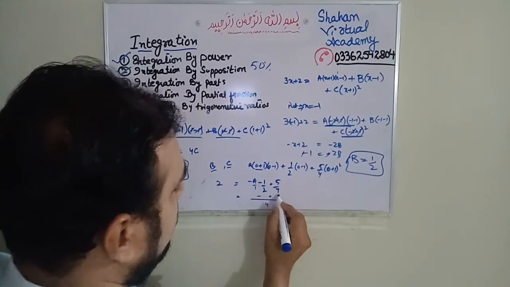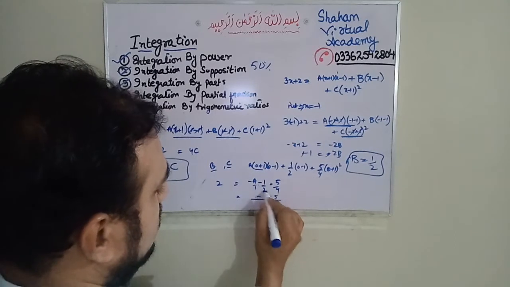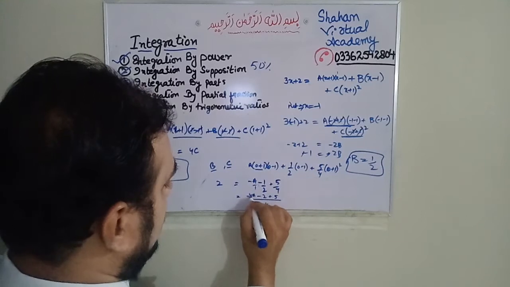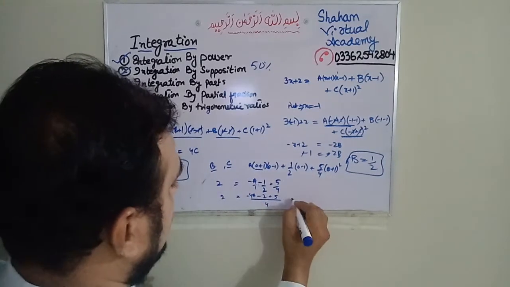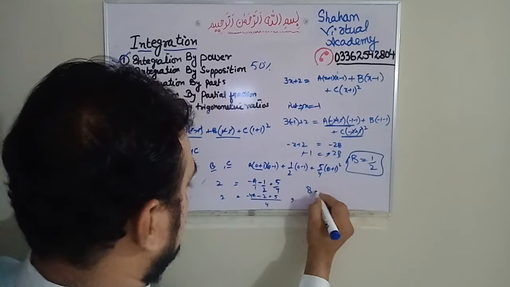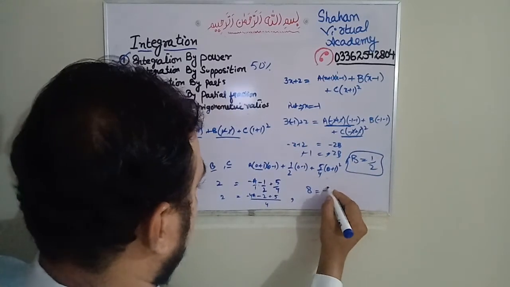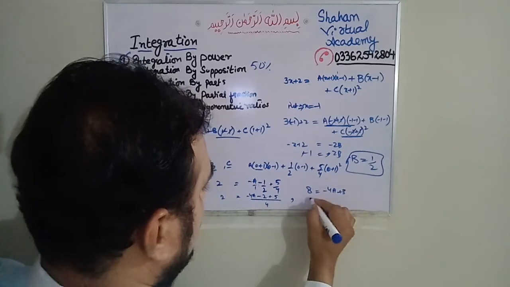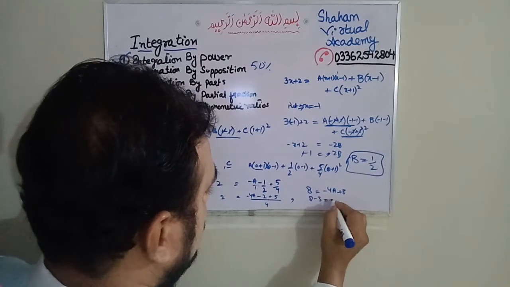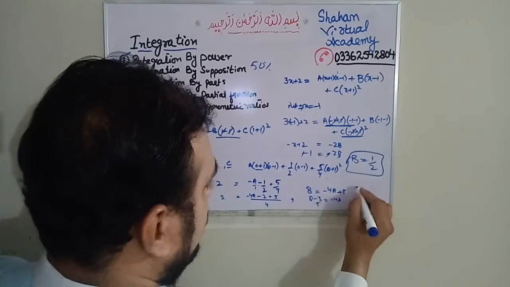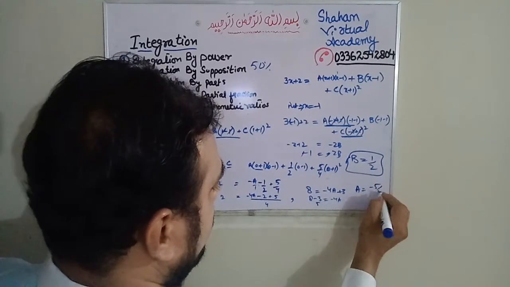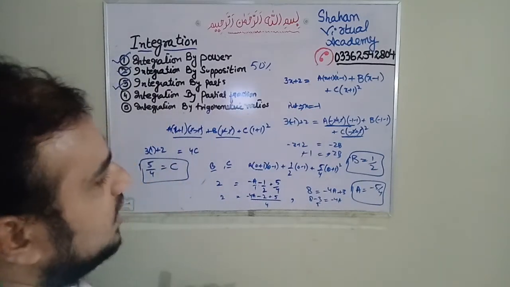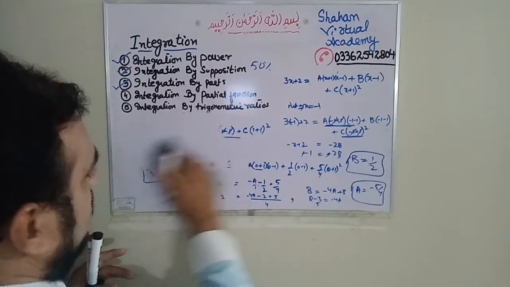So what will we find? 4a minus, and 2 multiplied by it here, so 8 minus 4a, and it becomes plus 3. When we get minus, so minus 3 minus 4a equals 5. So what is the value of a? Minus 5 upon 4. We get all 3 values.